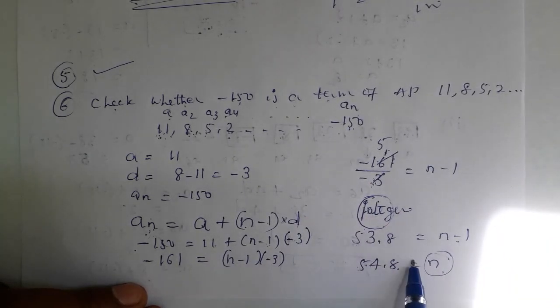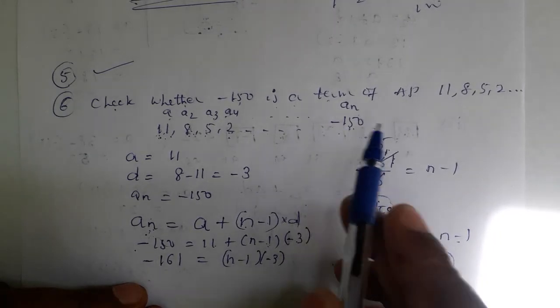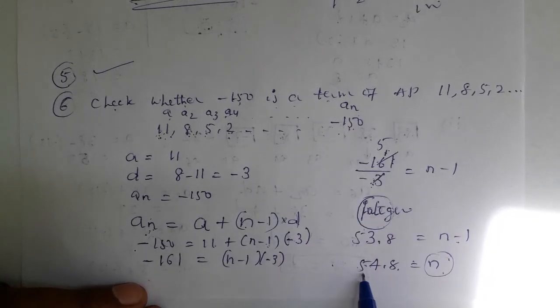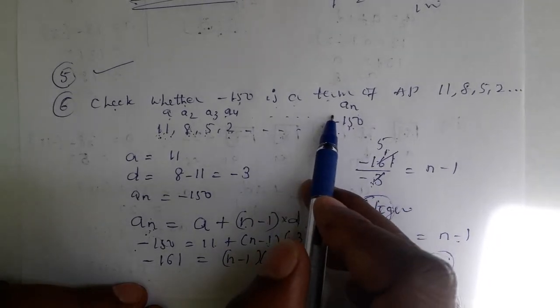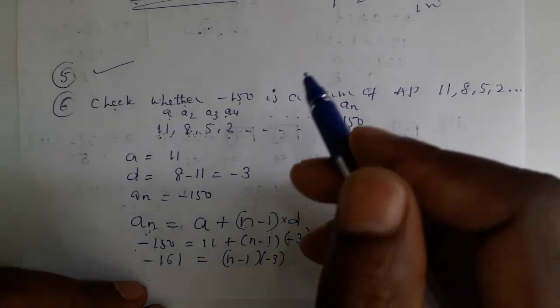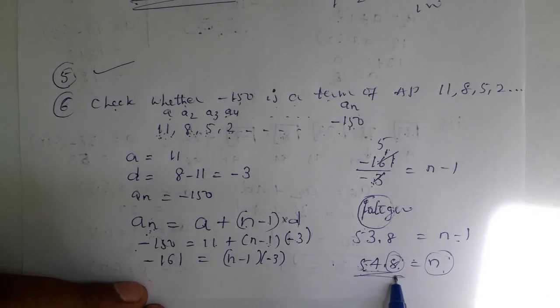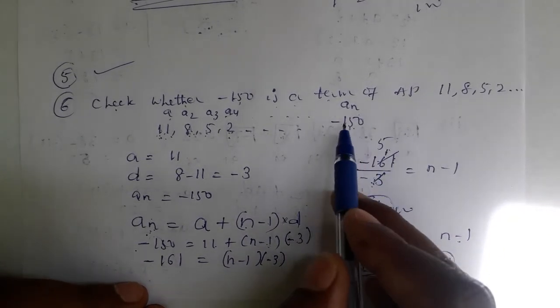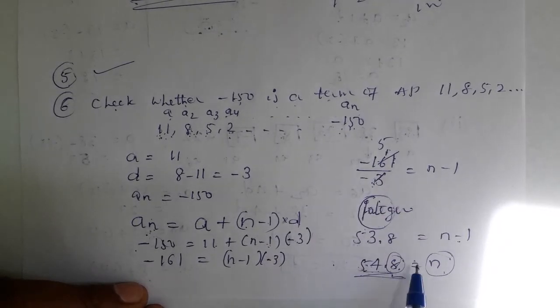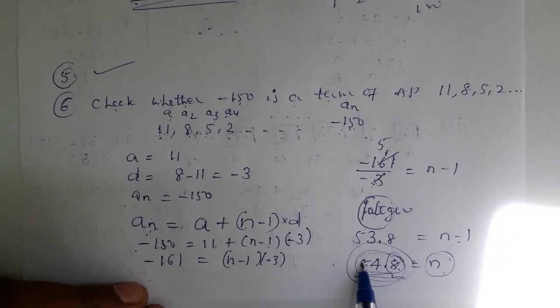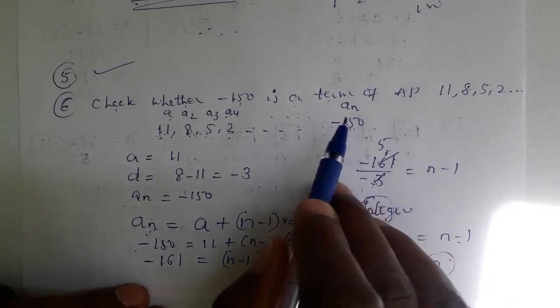Either 54 comes, next 55 comes, or the previous 53 comes. So the position is always given by positive integers. Here we are getting a decimal, and a decimal should not come for a position. You know in your classroom when 3 are sitting, we count 1, 2, 3 like that. Nobody will count 1.2, 1.3 like that. So here a decimal comes, which means minus 150 would be sitting in the 54.67th position. So this position is wrong. That means minus 150 doesn't come.